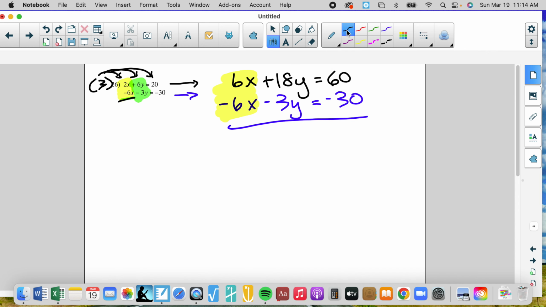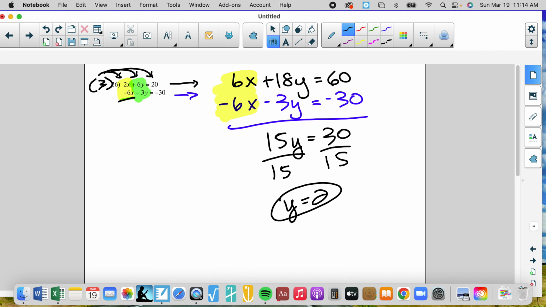Now I have 18y minus 3y, which is 15y equals 30. Divide by 15, y equals 2. Let's pick an equation. I'm just going to pick the bottom one because it's closer. Negative 6x minus 3 times 2 equals negative 30.